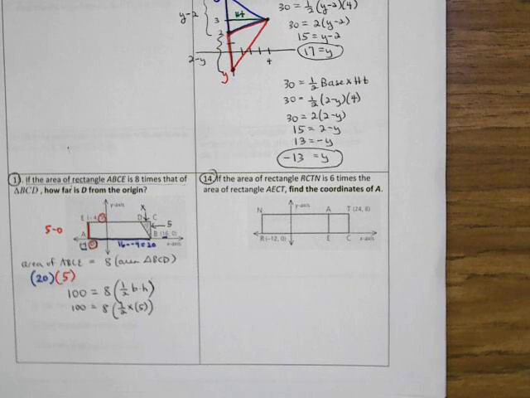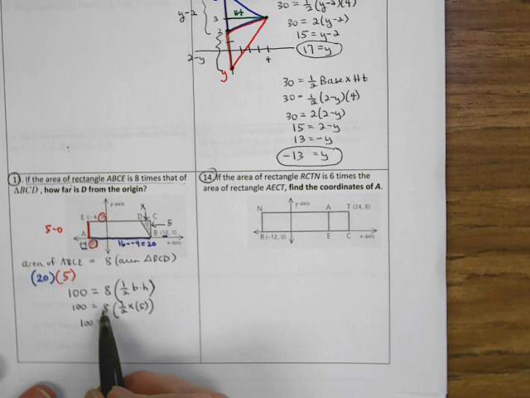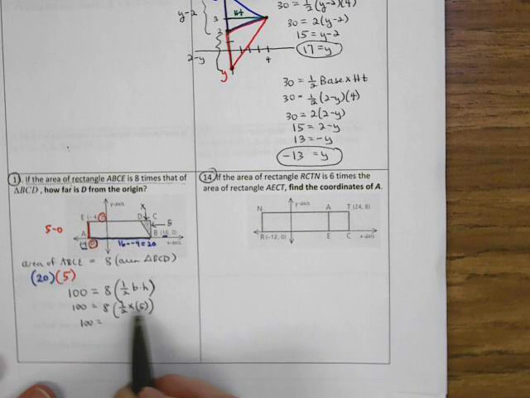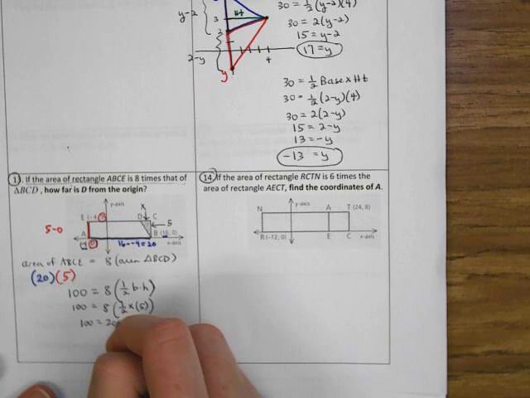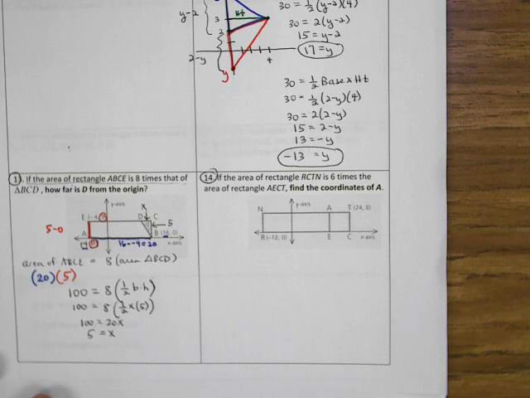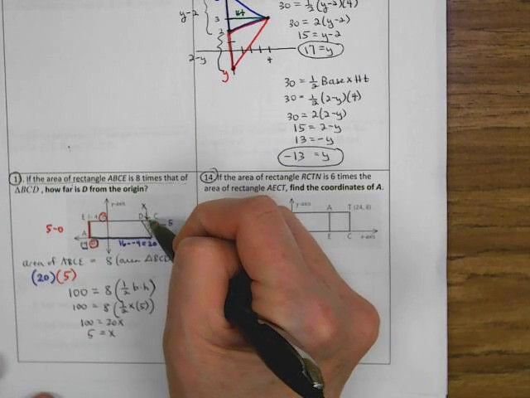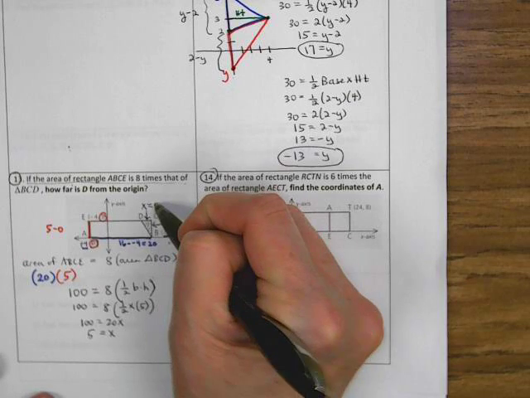Now I just need to solve that. So I have 100 equals half of 8 is 4. 4 times 5 is 20. So that's 20x. So if I solve, I get x to be 5. That represents this distance right here.